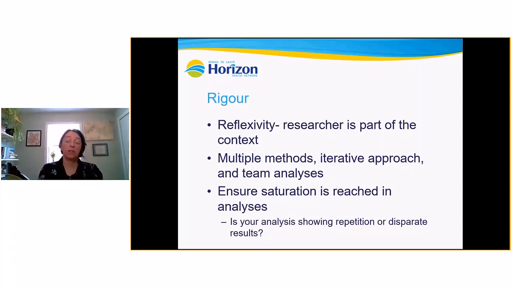Now, there are cases where maybe you never reach that, and I would suggest what's happening there is perhaps it's not focused enough, and that can happen. But if your research is focused, then what should happen is you start to see repetition in the information that you're gathering.